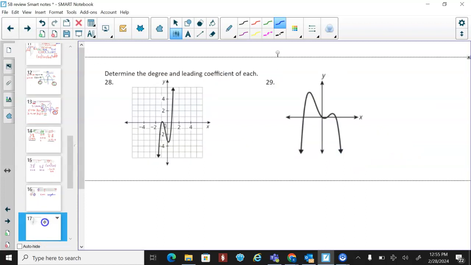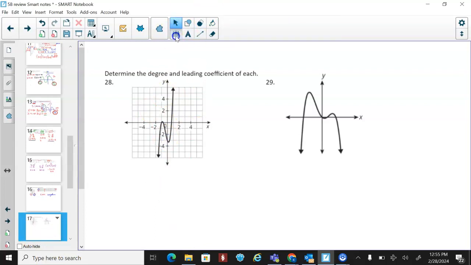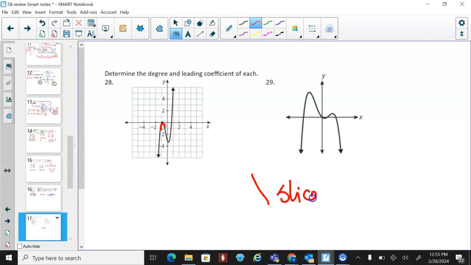All right. Question 28. It says determine the degree of the leading coefficient. How do we know the degree? Well, we're going to count the multiplicity, okay? Multiplicity equals the degree of our function. So I have a bounce here. Let me remind you, a slice is a multiplicity of 1, okay?